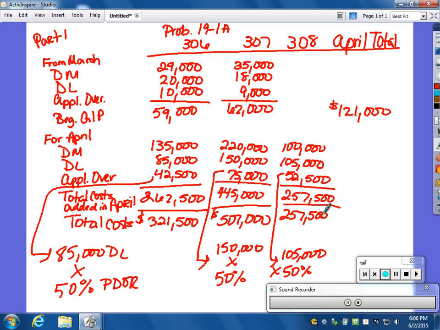So now we have to add across. What's this first line? Direct labor, 340,000. Applied overhead, 170,000.